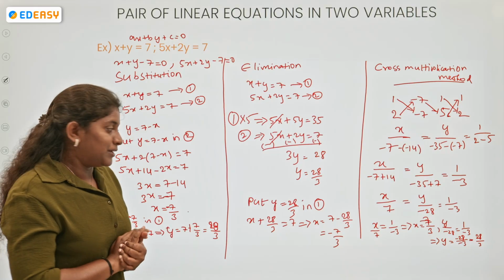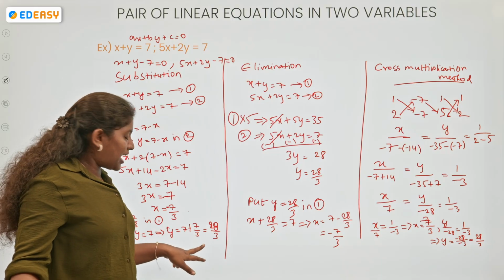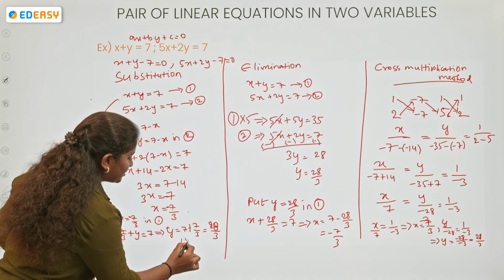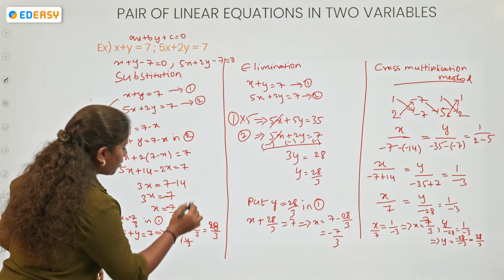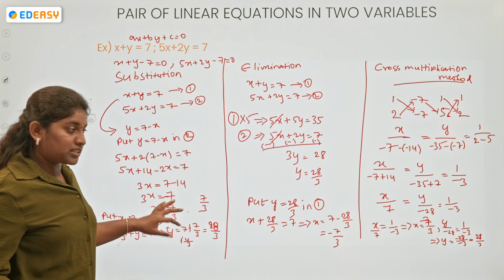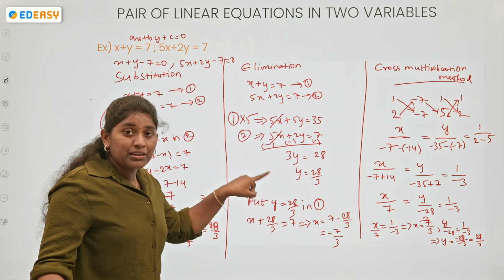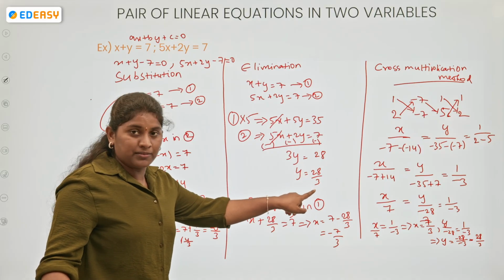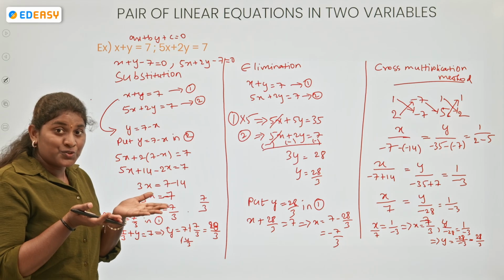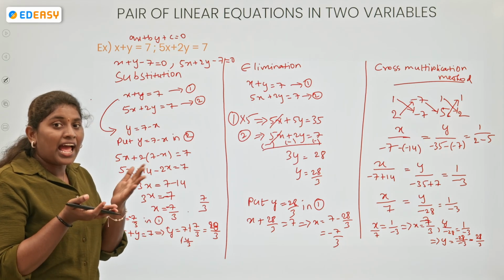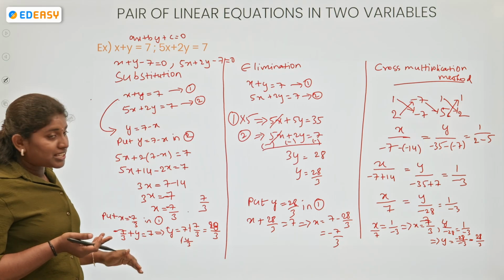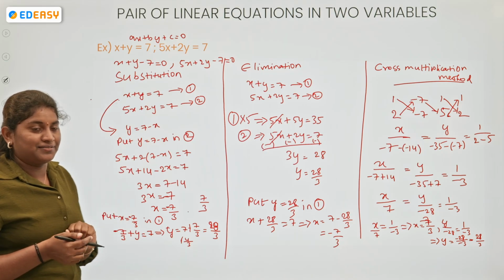For that reason only, here initially I got my value as 14 by 3, right? 14 by 3 I got, and here I got plus 7 by 3, from substitution method. But whenever I'm solving using the elimination method, I got 28 by 3, but here I got 14 by 3. So answers are not matching. So I am very clear that I have done some mistake somewhere. Okay. Now let's once again verify that and you will get the correct answer.